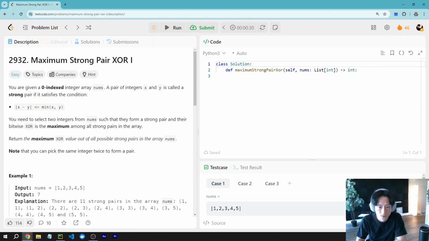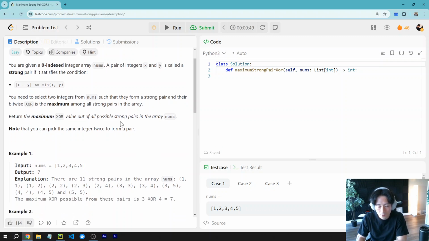You need to select two integers from nums such that they form a strong pair, and their bitwise XOR is the maximum among all strong pairs in the array. Return the maximum XOR value out of all possible strong pairs in array nums. Note that you can pick the same integer twice to form a pair.